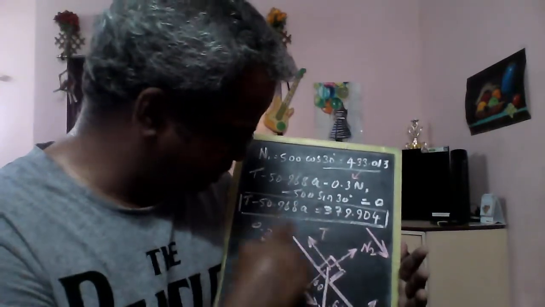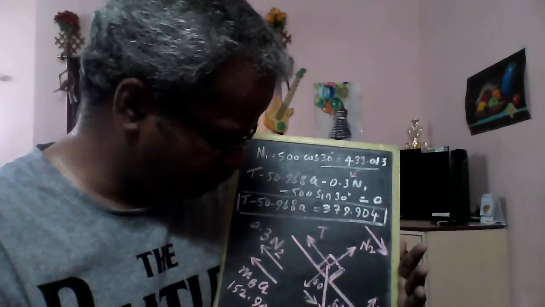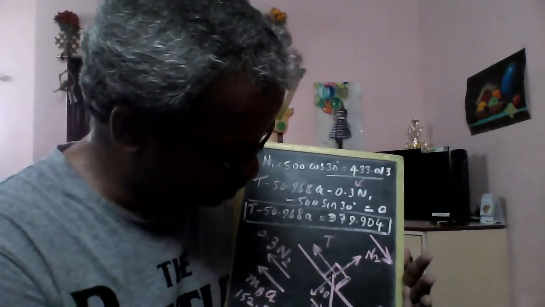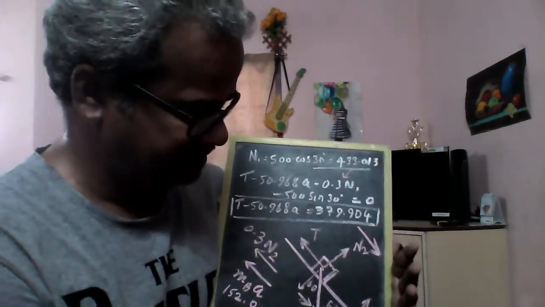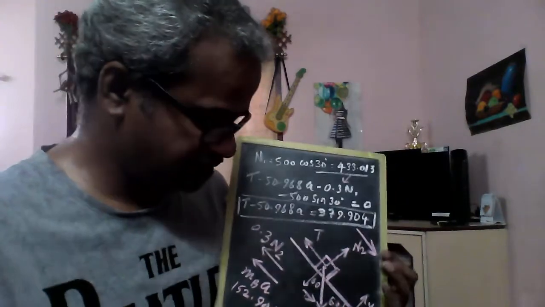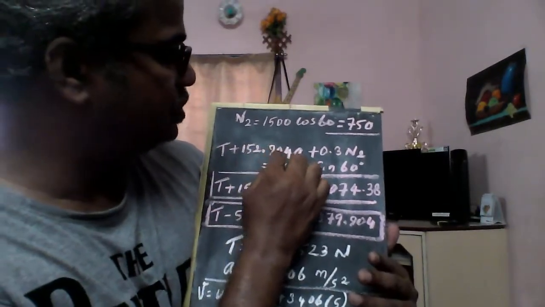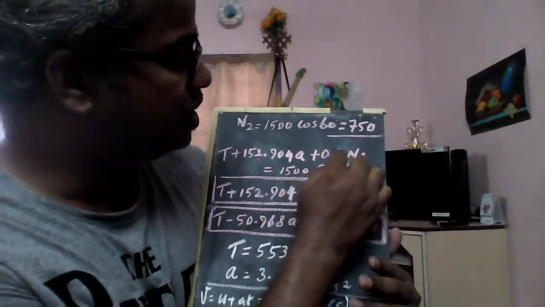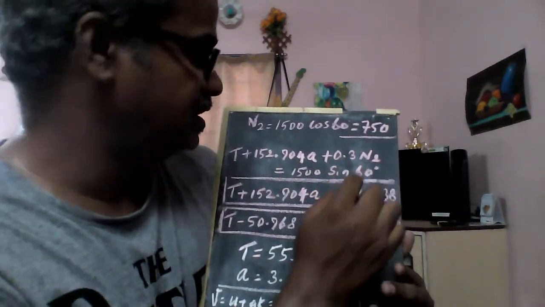So T plus 0.3 N2 plus 152.904 a is equal to 1500 sin 60. So that is the second equation.